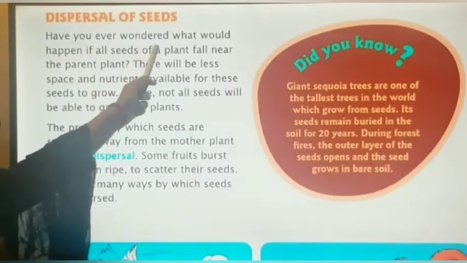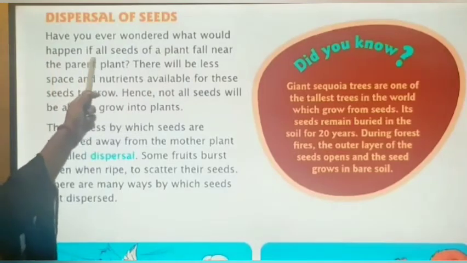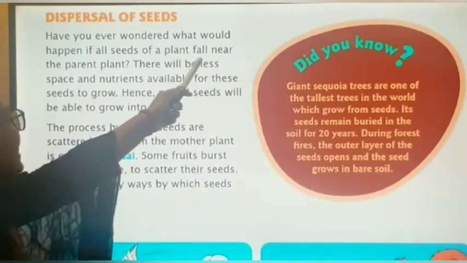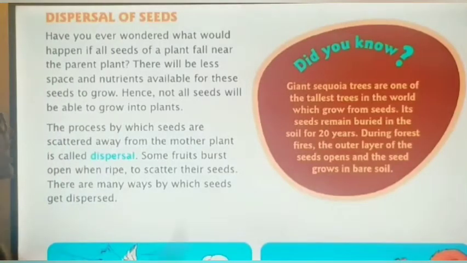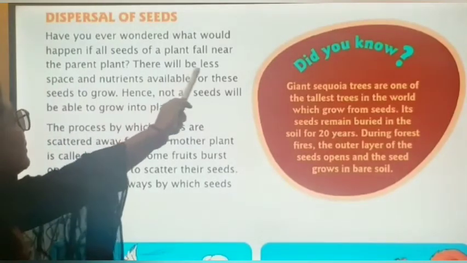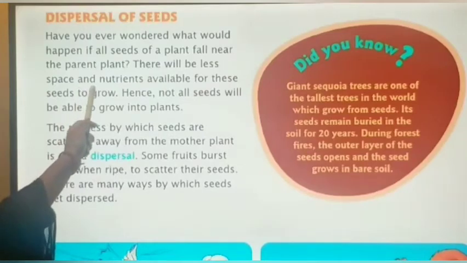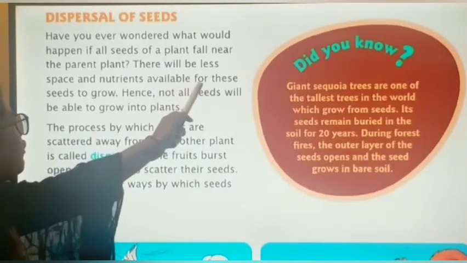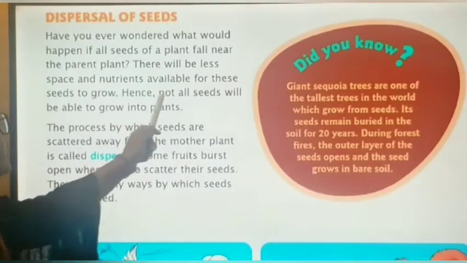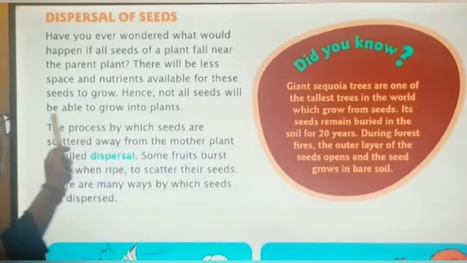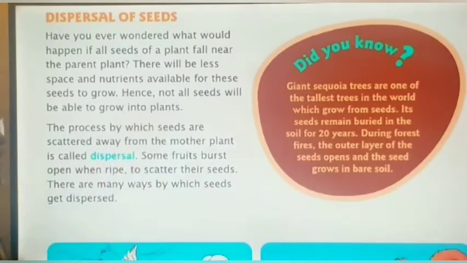Have you ever wondered what would happen if all seeds of the plants fall near the parent plant? There will be less space and nutrients available for these seeds to grow. Hence, not all seeds will be able to grow into plants.